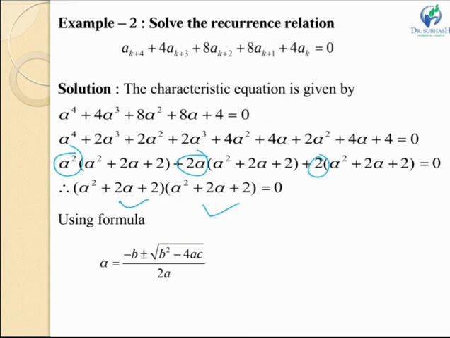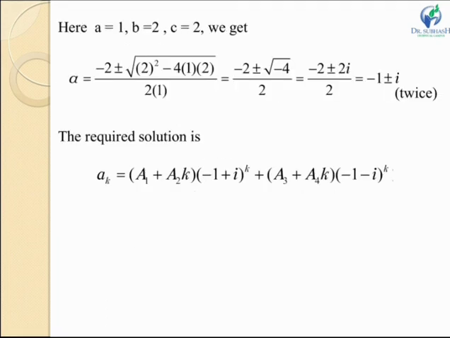According to example 1, we will use again this formula, alpha equal to minus b plus or minus under root of b square minus 4ac upon 2a. Here a will be equal to 1, b will be equal to 2, and c will be equal to 2. I will substitute these values in the formula. So I get minus 2 plus or minus root of minus 4, by 2.